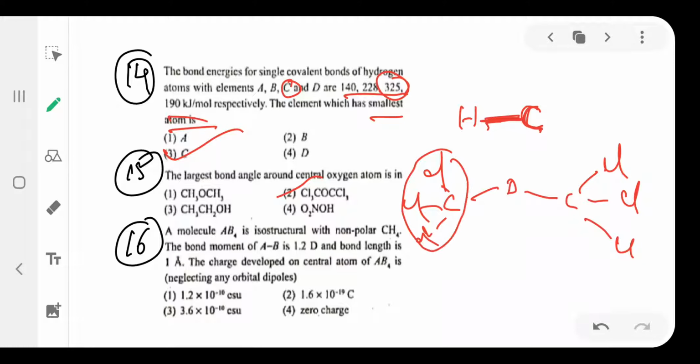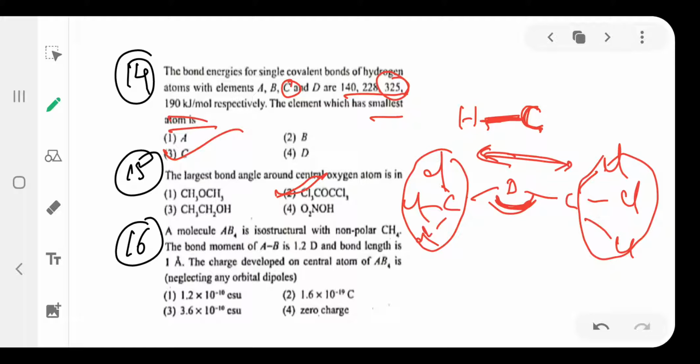Due to these two bulky groups, there is repulsion between them. Between these compounds the repulsions increase. That's why the bond angle is increased. So the largest bond angle is in CCl3 O CCl3, option 2. But in the remaining compounds, the larger groups are absent.